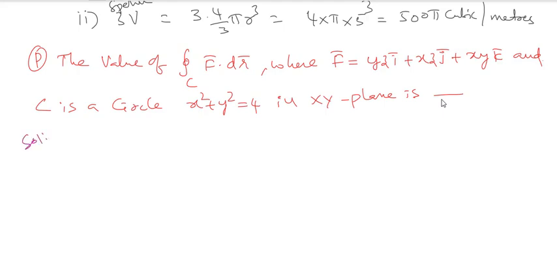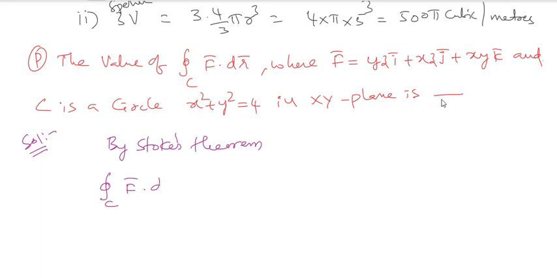Now this is an application of Stokes theorem. Am I right or not? For a line integral, you can go with respect to this one. By Stokes theorem, the line integral is converted into a surface integral.